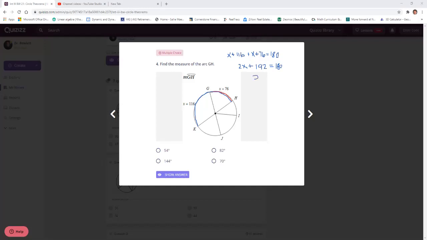And I'm going to subtract 192 from both sides, and 180 minus 192 is going to be negative 12. If I divide by 2, that means x is equal to negative 6.